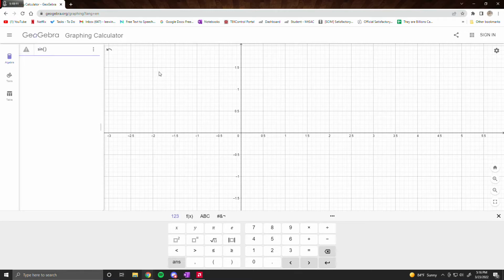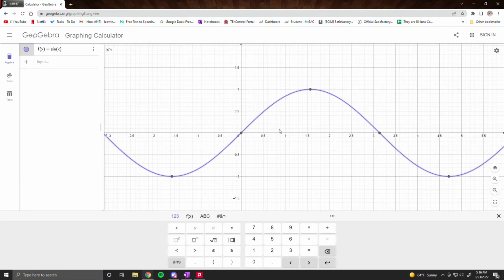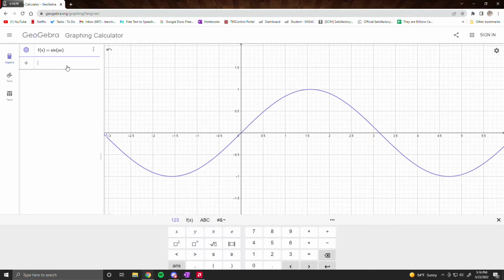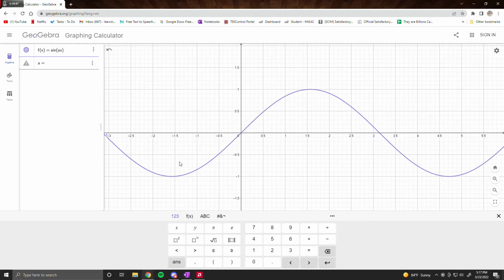Let's look at sine of x. What happens when I plug in, let's say, sine of ax? Okay, there we go.